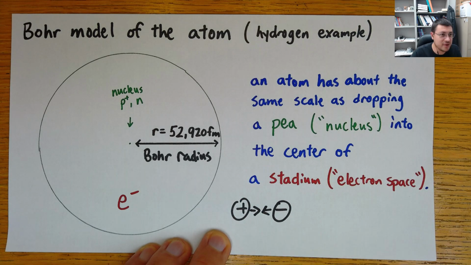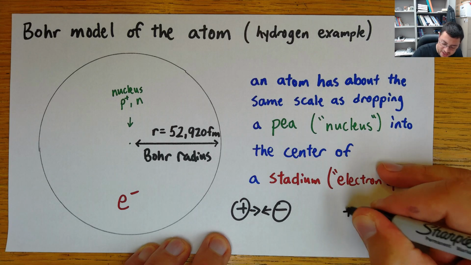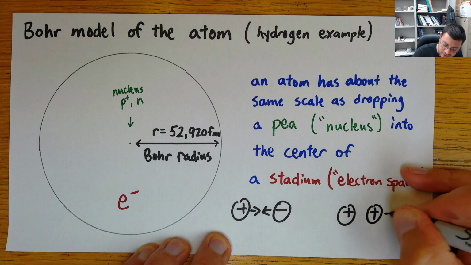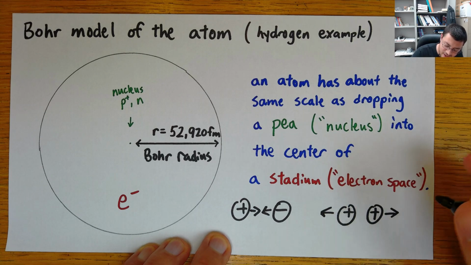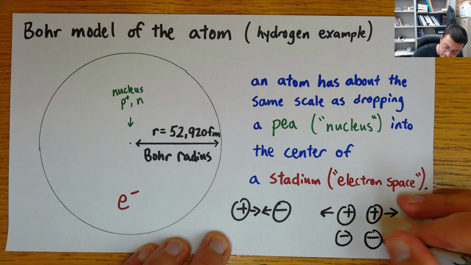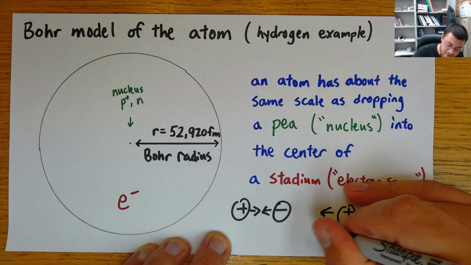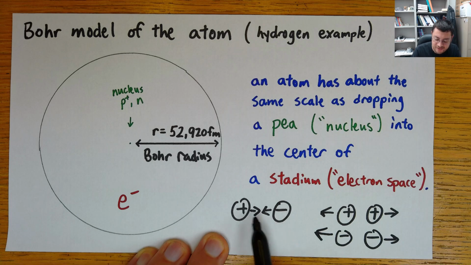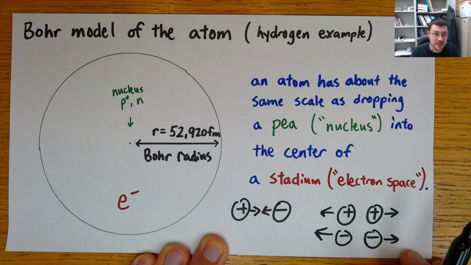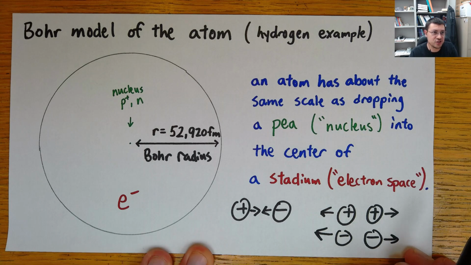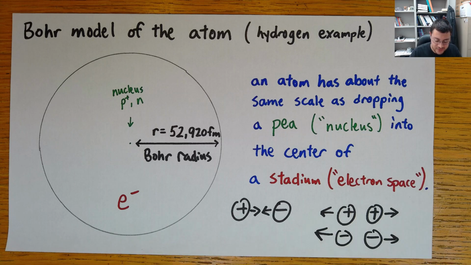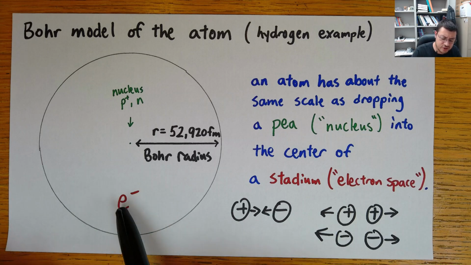That's just a property of charge. If you have like charges, like two pluses, they're going to repel. If you have negative charges, they're also going to repel. In order to have an attraction, you have to have opposite charges. That's a charge property. So that's what's holding the electron close to the nucleus.